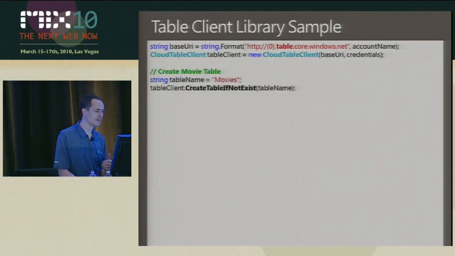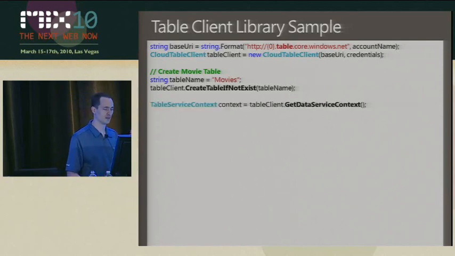So let's do that. Well, first we're actually going to create a table called movies with the table client. So we have the table name called movies. We take our table client. We then can say create table if not exist, and that will create the table if it does not exist for our storage account. Okay, now we're going to use the table client object to create a data service context for us to manipulate entities for our storage account.